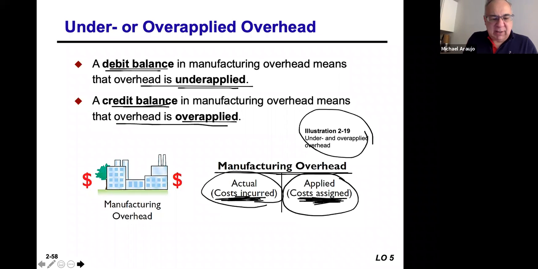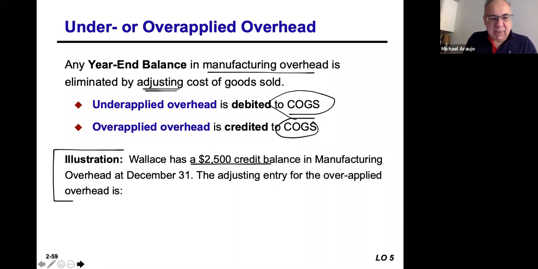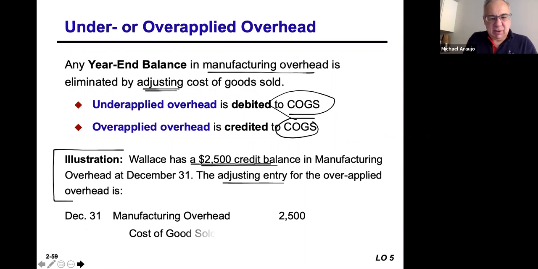So we fix it in this way. The adjusting entry to fix the overhead would be to debit the overhead account to bring the account to zero. Remember, it's got a $2,500 credit balance. How do you bring this to zero? Well, with the debit of $2,500, then the account's balanced.